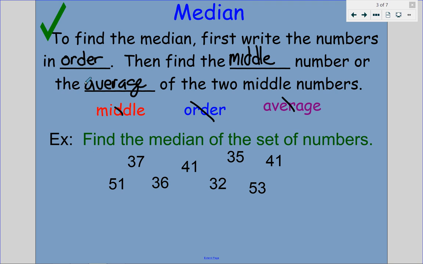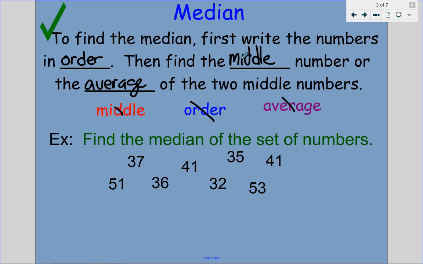If we have odd numbers, there's only going to be one number in the middle. That's why it gives you two choices. For right now in fourth grade, you're going to only have one middle number. But sometimes it does come up, two middle numbers, then we can find the average of those two middle numbers, and that's our median.